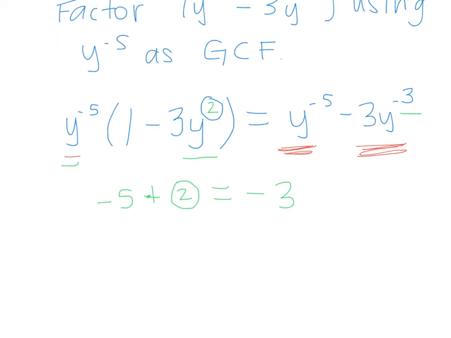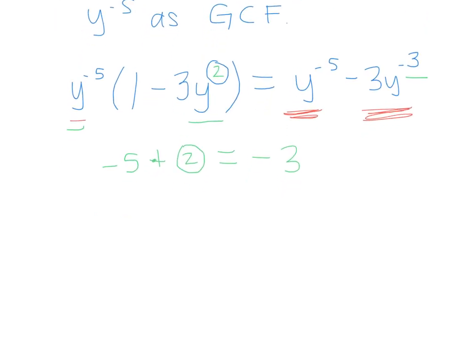Now we can test that. Let's just go ahead and multiply. Let's distribute that factor of y to the -5 and see what we end up with. Okay, so if we take y to the -5 times 1, that's going to be y to the -5. And then we take y to the -5 times -3y squared.